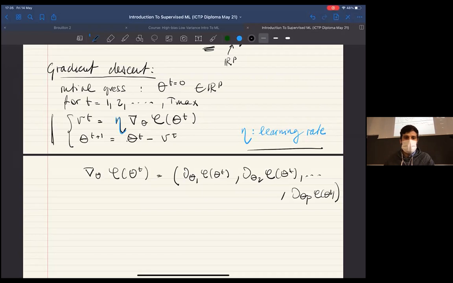What can be a problem with this algorithm? Indeed there is something important. There is an initial guess. One question: is this a deterministic or stochastic algorithm?